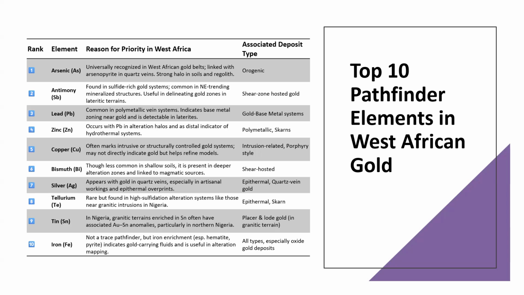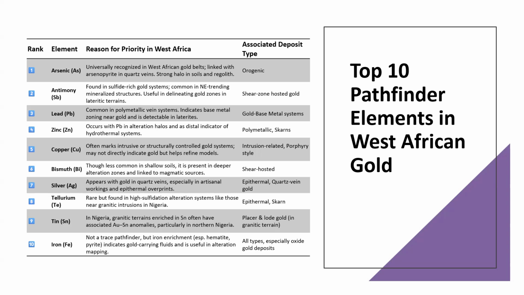So looking at this, the arsenic, the antimony, the lead, the zinc, the copper, the bismuth, the silver, and the tellurium and tin. I worked in the tin jaws of Nigeria. I found out that the tin jaws of Nigeria contain gold in high quantity. Also, there are some associated traces of gold when we carried out our tests. The same thing there. So iron is there.